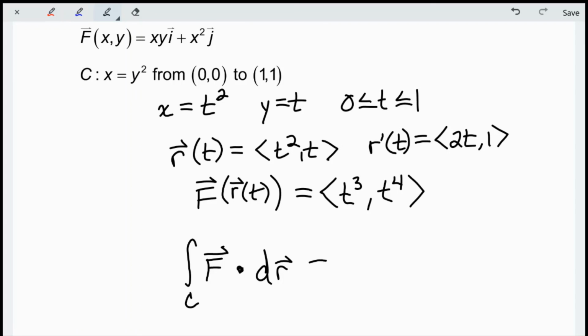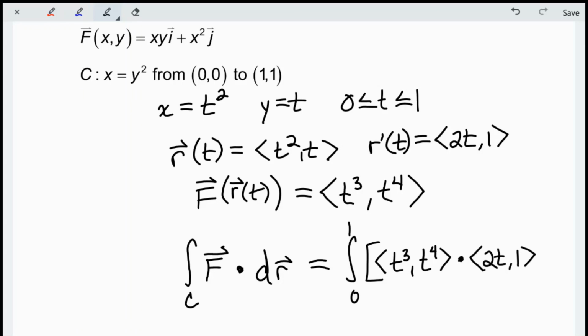Okay, so when we integrate this, we're going to go ahead and set up our dot product here. You can do this outside of the integral if you want, but essentially what I'm doing here is the dot product of ⟨t³, t⁴⟩ dotted with ⟨2t, 1⟩.